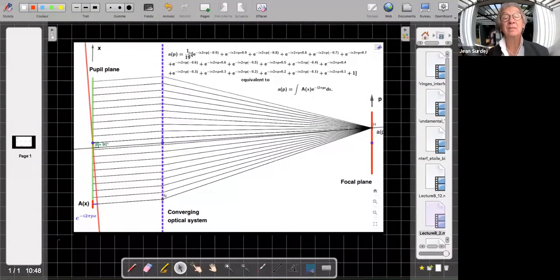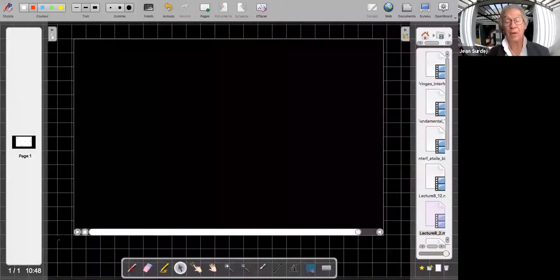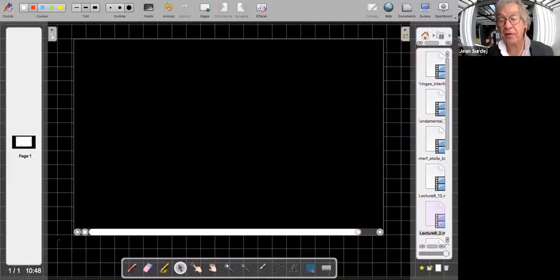So 1 divided by 19 is the size of one of those segments compared to the total length of the pupil. And we see that this expression is just equivalent to the integration of the complex amplitude, which in this case I just said is a constant, affected by the phase retardation for each position of the x coordinate. Okay, so this was the first video, and I will just now move to the second one.